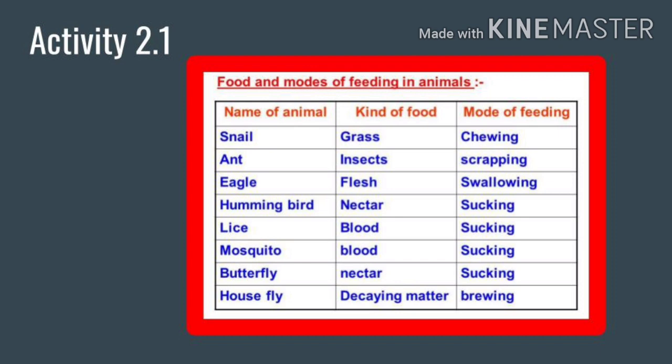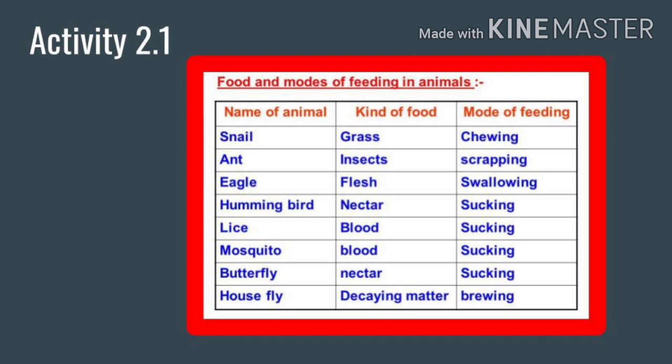Next one is eagle. Eagle eats flesh, that is meat, and their mode of feeding is swallowing. They don't have teeth to chew, so they simply swallow the food. The next one is a hummingbird. Hummingbird and also bees, they both eat nectar. Bees, that is honeybees, eat nectar by sucking.